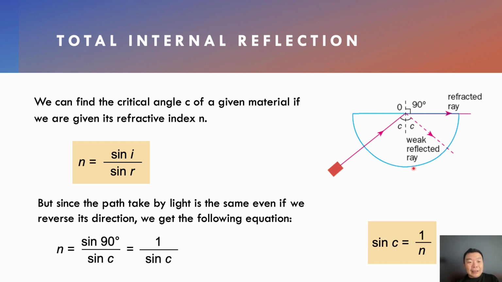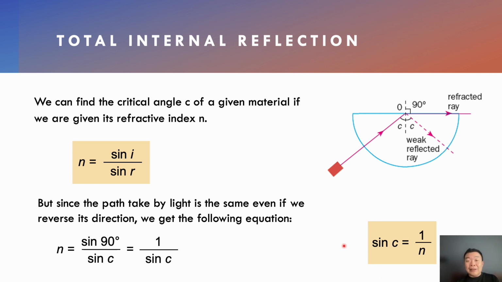So if we do that, sine 90 divided by sine C equals 1 over sine C, and this is how we get the equation for you to calculate critical angle.